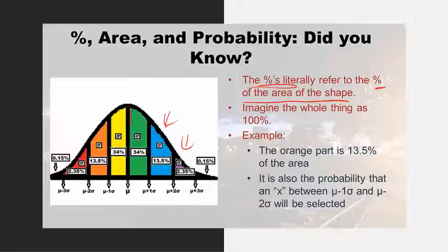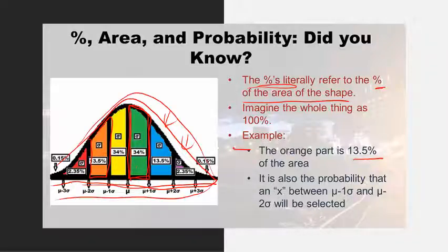So the 34% just refers to this area of the shape. It's just 34% of this entire normal distribution curve. Imagine that the whole thing is 100%. So, for example, the orange part is 35% of the area, 35% of this entire thing.